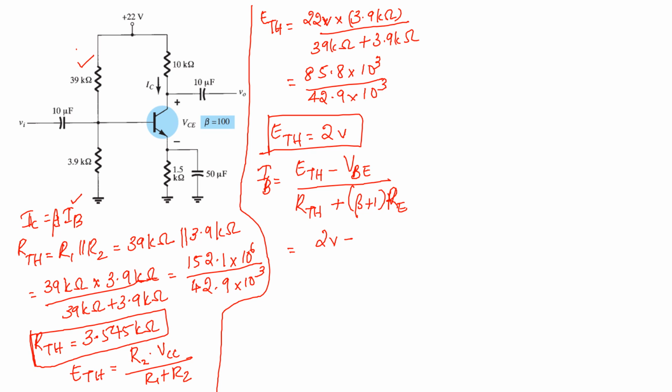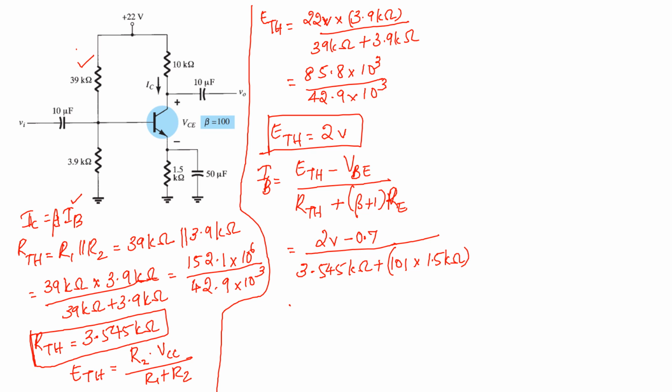ETH is equal to 2 volt minus, you know that VB is equal to 0.7, divided by RTH, you have calculated as 3.545 kilo ohm plus beta. What is beta given? 100. So 100 plus 1, it will be 101 into, what is your RE? RE is equal to 1.5 kilo ohm, right?